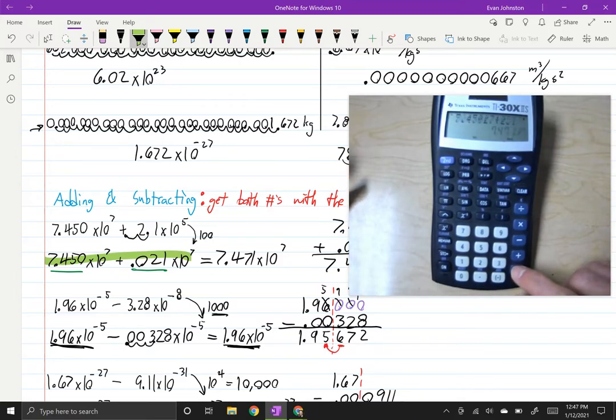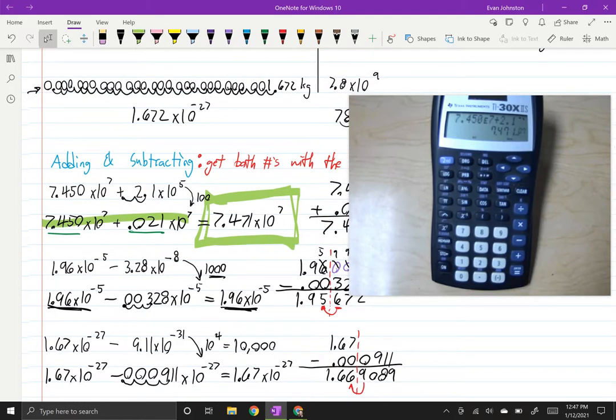And I can just hit enter. And we get 7.471 times 10 to the 7th. That is exactly what we already got when we did this with the pen and paper method. And so it's pretty clean, pretty easy. It's the same thing with subtracting, and you just would use negative exponents if they're negative exponents. You just would have to remember to use this little minus sign right here.